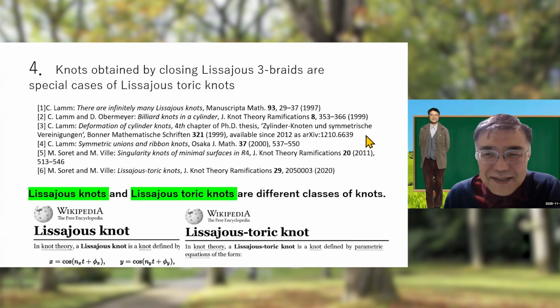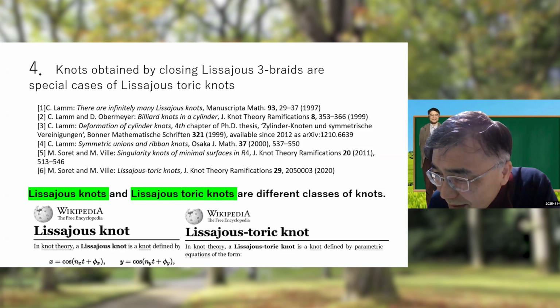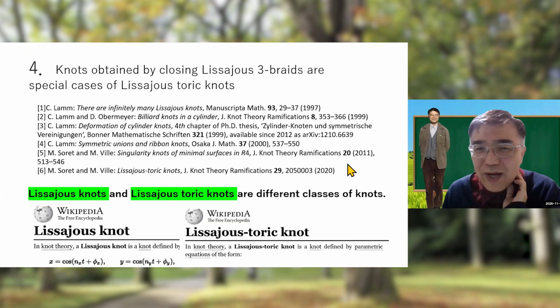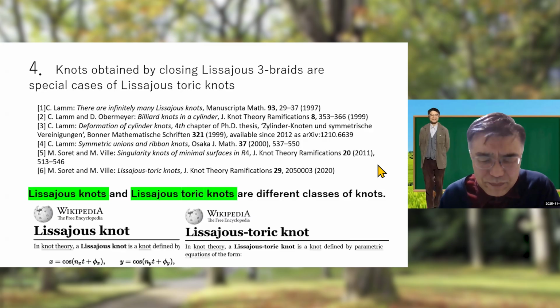I have a question. What is type 1 Lissajous knot? Type 1 is the case where we start from t equals 0 and the phase difference equals 0.